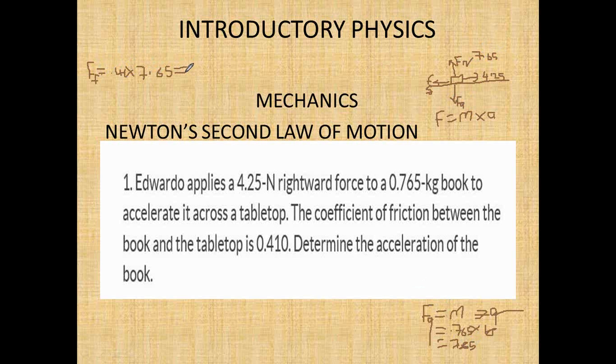So when we multiply, 0.41 times 7.65 is equal to 3.14.